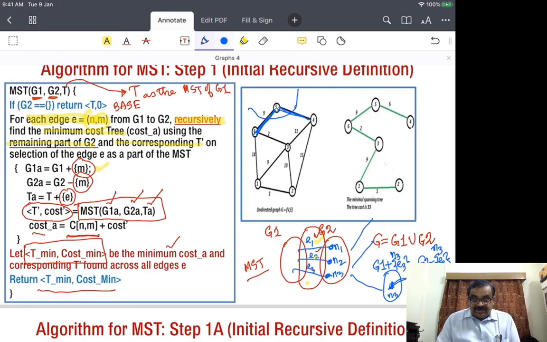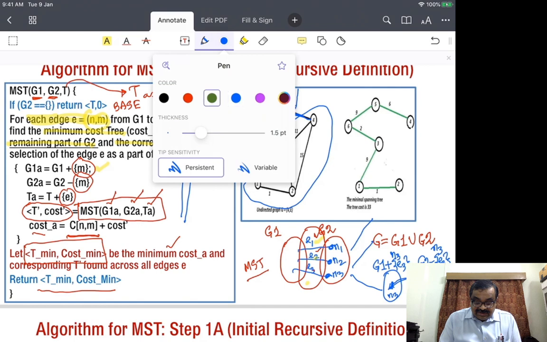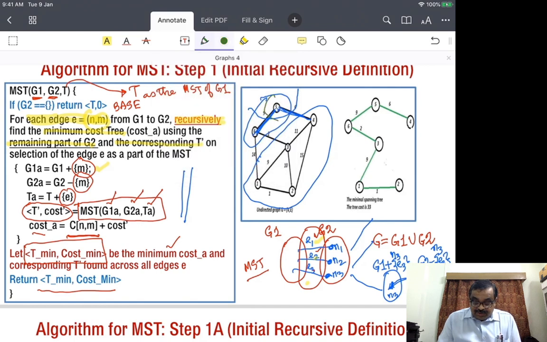So we recurse in two branches as mentioned here. In one case, we choose this as G1 and this as G2 and go to the recursion. In the other case, we choose this as G1 and this as G2 and go to the recursion.